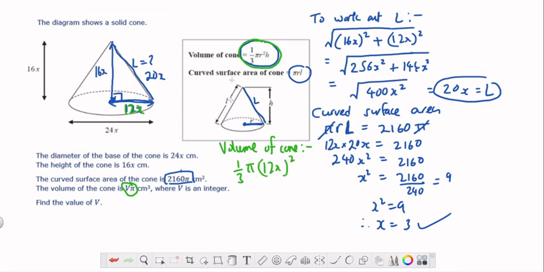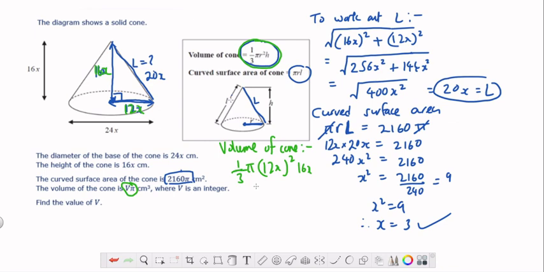And the vertical height, h, is given as 16x. I want to simplify this a little bit, but I want to preserve the pi. You'll see why in a moment. Let's simplify this. So I've got 12 squared is 144 times 16. And then don't forget to divide by 3 because we're trying to find 1/3.